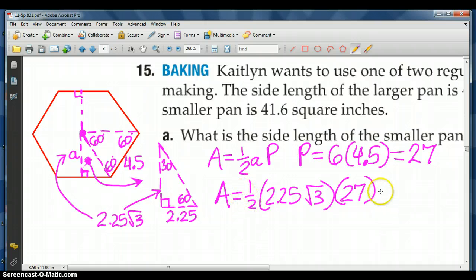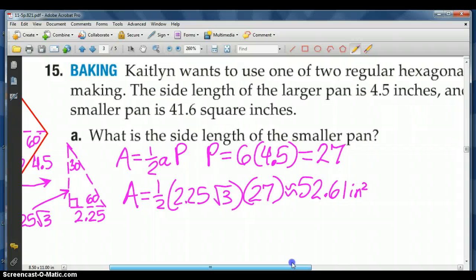Therefore, my area is approximately 52.61. And that would be square inches. So the area of the base of the larger pan is 52.61 square inches.